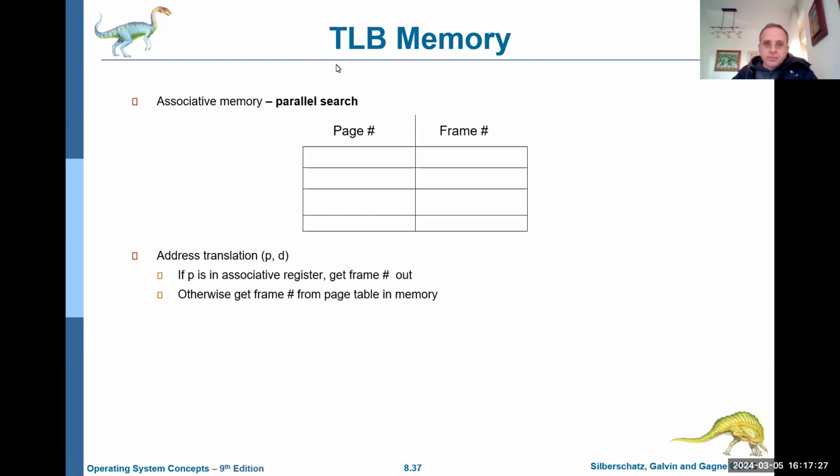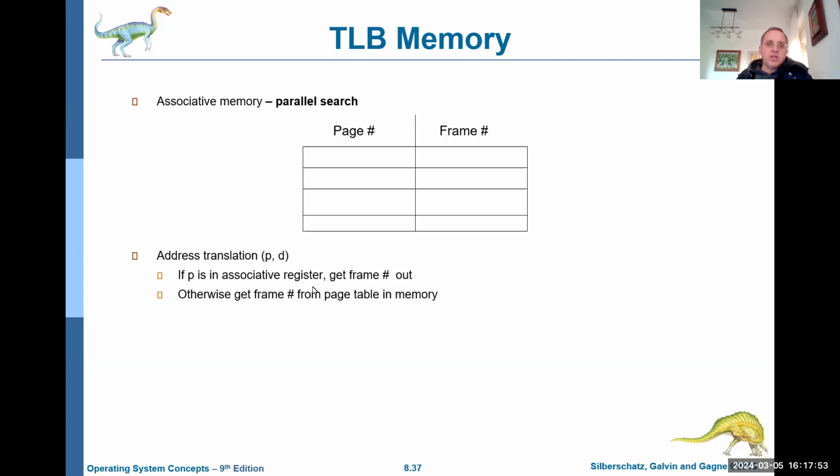Okay, so I don't know exactly why this slide is called TLB memory, but the point is, this is how the memory of the TLB works. It's a parallel search, which I already explained. You search every single line simultaneously. You check if it's there. There may be an additional column, which will be the ID for which process this page is associated with.